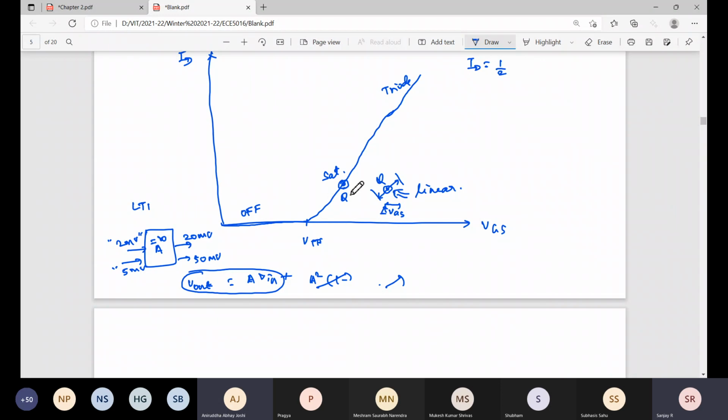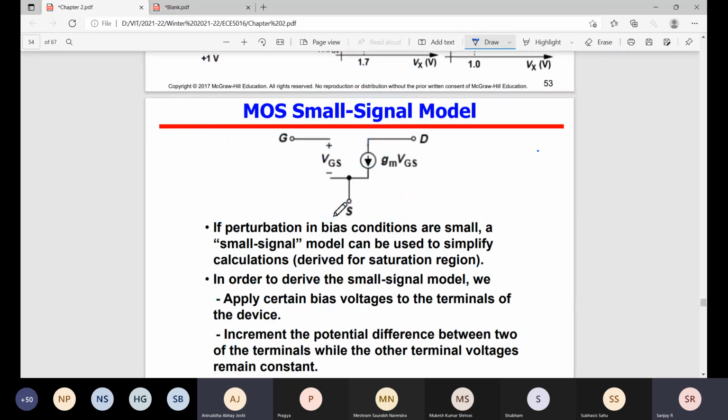That modeling of the transistor for applying a very small signal is called small signal modeling. We represent the transistor in terms of RLC components and current sources, converting the active element into a passive representation.